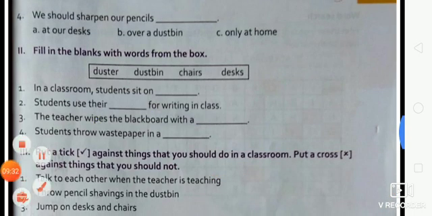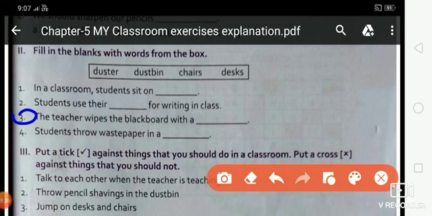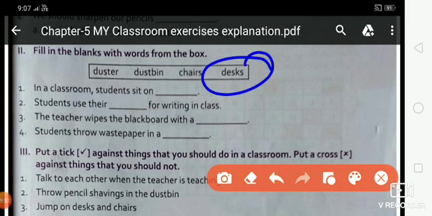Now students, move on to the third one. The third one is, the teacher wipes the blackboard with a dash. Tell me, what is the thing that the teacher uses for wiping the board? Can you tell me the answer, students? Is it desk or chair?